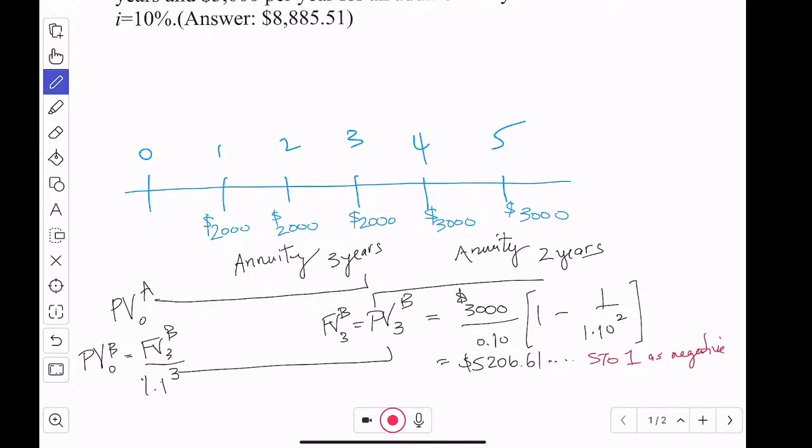Because it's the present value of the future cash flows, or the future value of the past. So this will be recall 1 divided by 1.1^3. And what do you get there?